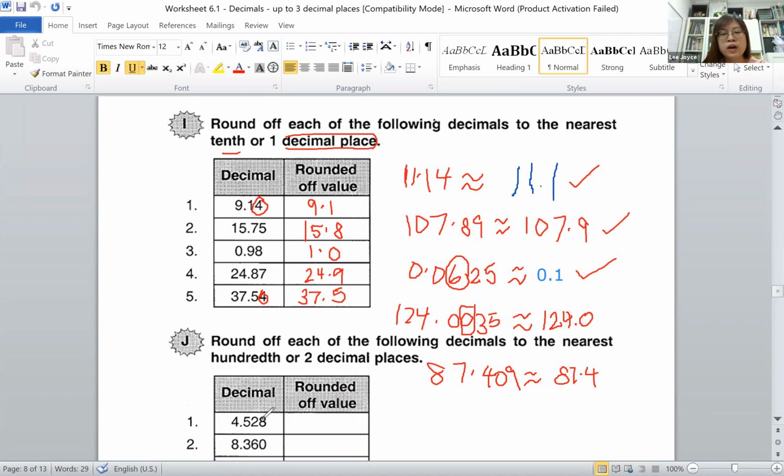So therefore, I need to increase the digit 2 by 1. So the final answer will be 4.53. You should expect all these final answers to have two decimal places. That means there must be two digits after the decimal point.